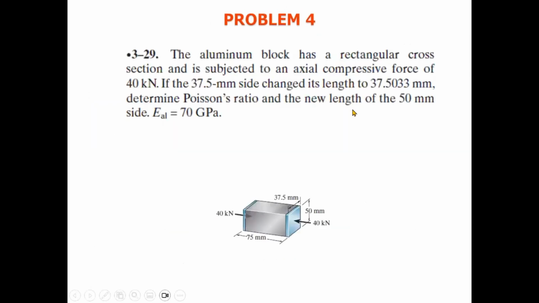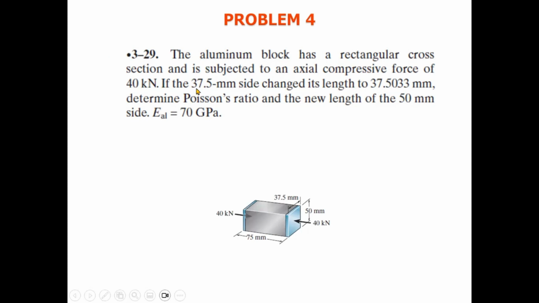Problem number 4. The aluminum block has a rectangular cross section, and it is subjected to an axial compressive force of 40 kilonewtons. There is an aluminum block which is experiencing a 40 kilonewton compression force.